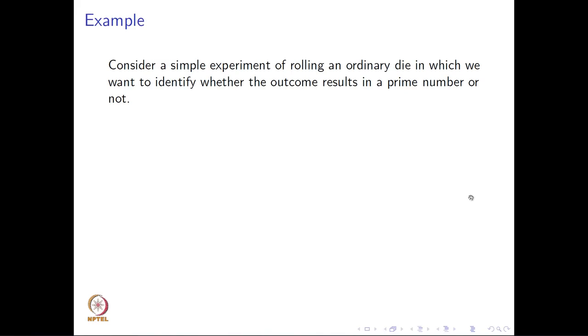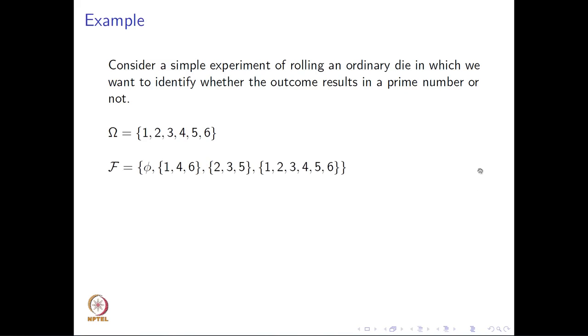Let us now look at an example where we do consider the probability space involved in the problem. Consider a simple experiment of rolling an ordinary die in which we want to identify whether the outcome results in a prime number or not. The first thing to consider is the sample space. Since there are only 6 possible outcomes in our experiment, the sample space here consists of the numbers between 1 to 6. Next, we look at the sigma algebra.